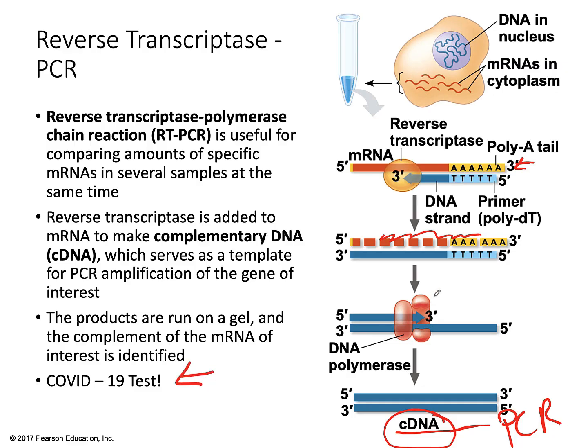So COVID is a coronavirus, which is an RNA virus. So what they do when you get a COVID test is they swab your throat, and what they're doing is trying to collect viral RNA on that swab. They then run the viral RNA through reverse transcriptase, which is an enzyme that is going to turn it into cDNA.